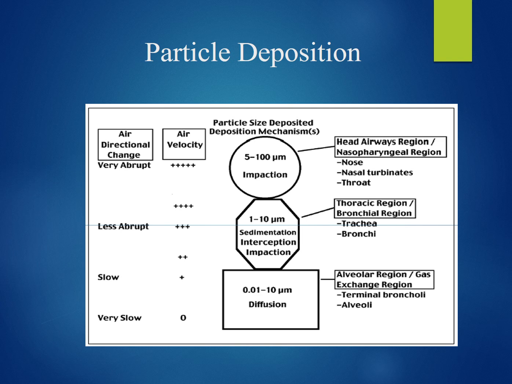Particles 1 micron to 10 microns can penetrate down into the tracheal bronchial regions, where they tend to impact, get trapped, and are removed from the body through that mucociliary excretory system that we talked about previously.